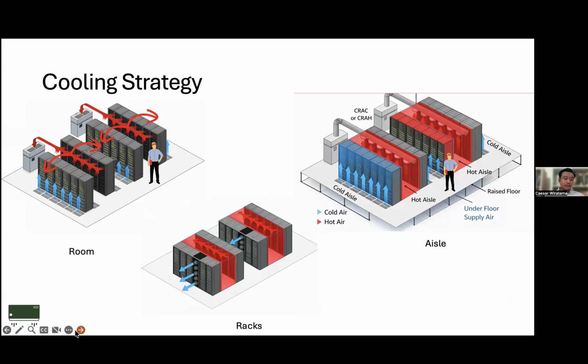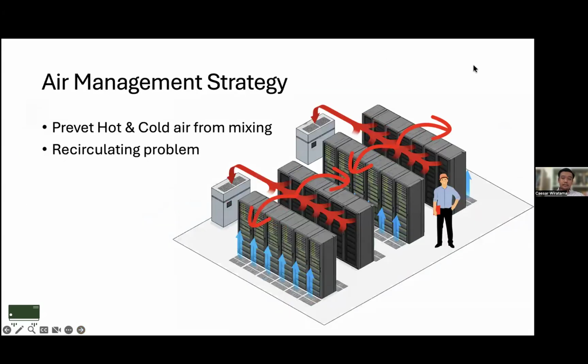distribution around. Okay, let's first discuss why we have to manage the air properly. We have to prevent the hot and cold air from mixing before it touches the racks. Let's say we have cold air directly from our air handling unit and it touches the hot air directly, of course we will get hot air trying to cool the server.